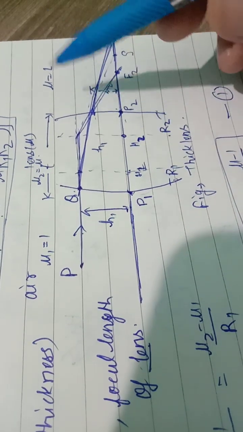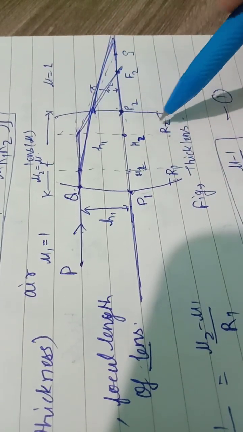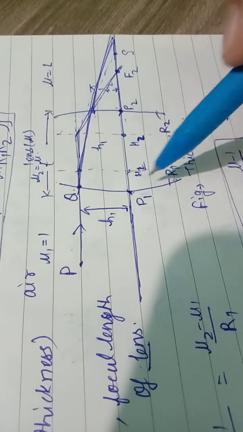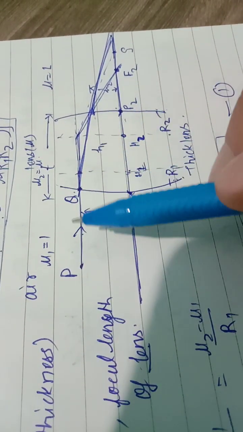So if this second surface is absent, and there is only this single surface, then what happens?